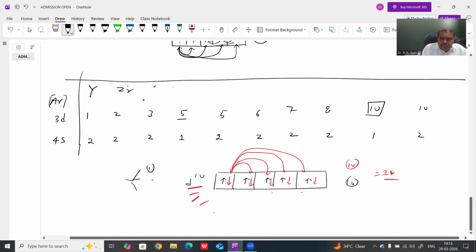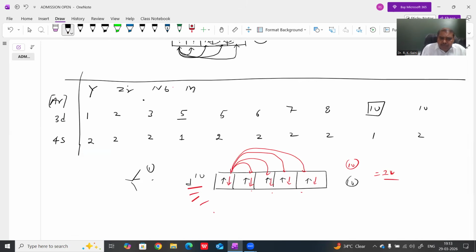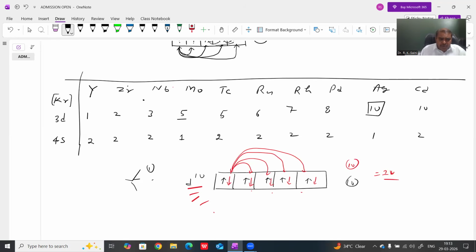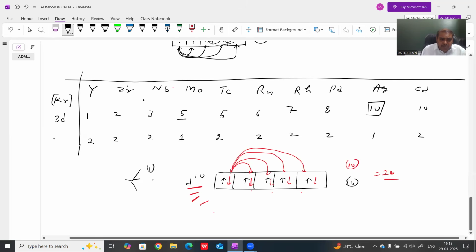Then zirconium, niobium, molybdenum, technetium, the first man-made element, ruthenium, rhodium, palladium, silver and cadmium. The inert gas before the 4d series is krypton. And then, after the electron is filled in 5s, the electrons enter the 4d series.